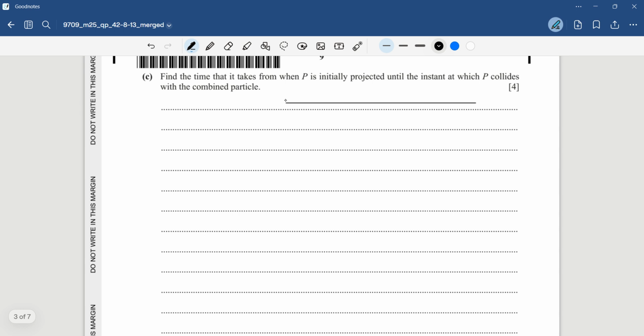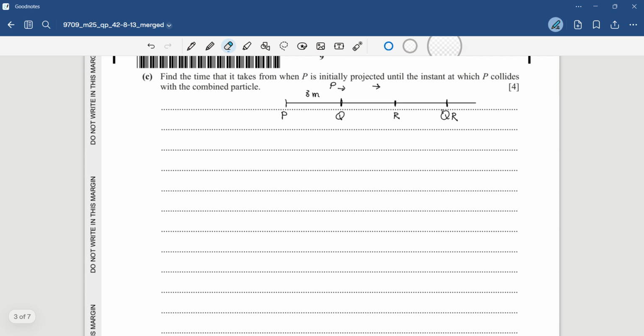Okay, so let's say here is where P is initially projected, and at this point, at 3 meters, it collides with Q. After that, P continues to move in this direction, while Q collides with R. At the instant when Q collides with R, P is still moving in this direction.